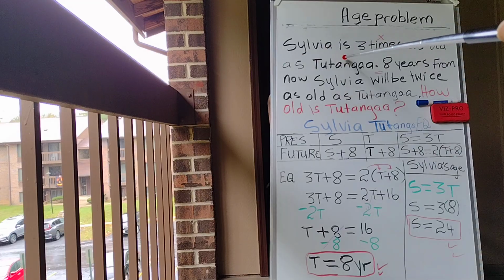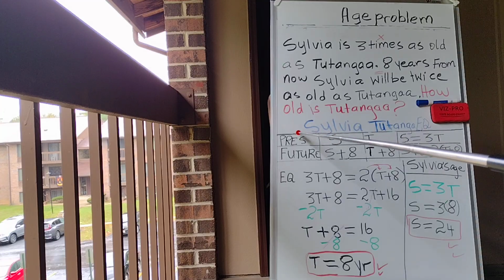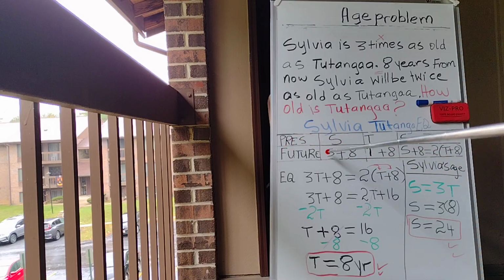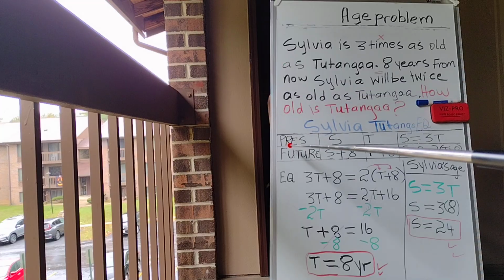Sylvia is 3 times as old as Tutanga, and that is what we have here: S, which is Sylvia, equals 3 times Tutanga's age. That is the present time, that is now. Now the future.